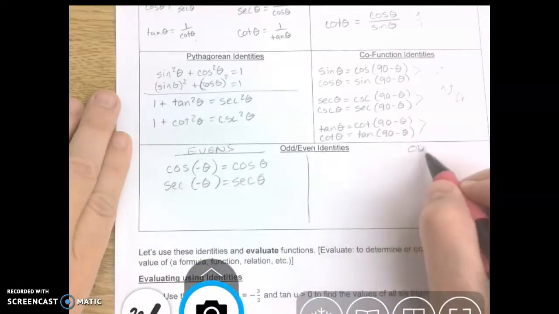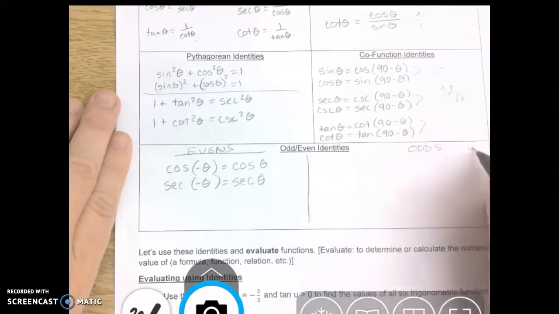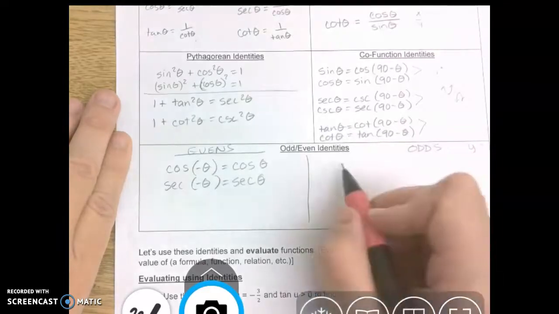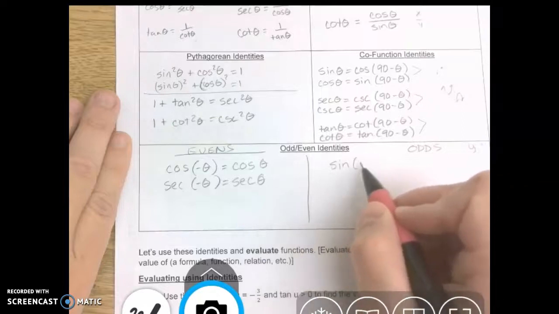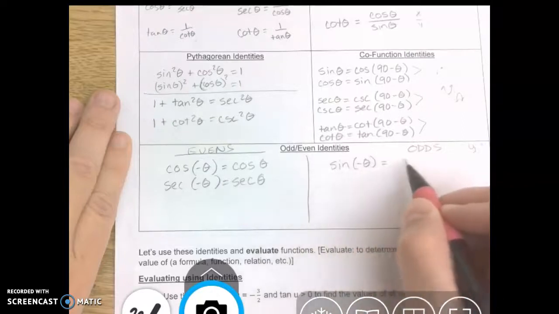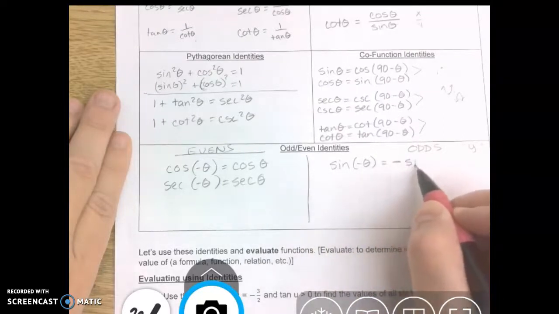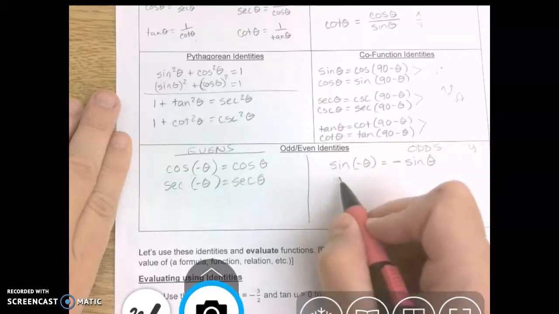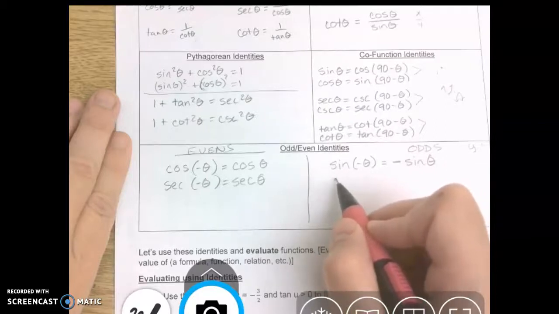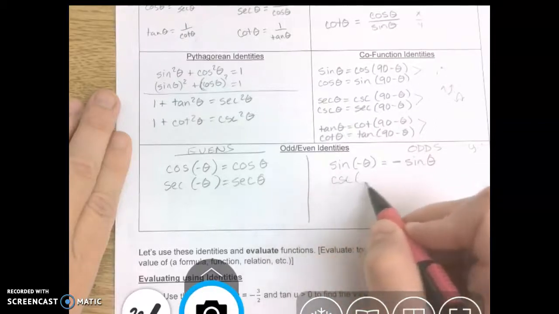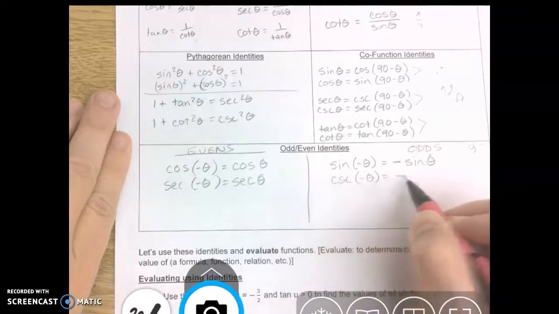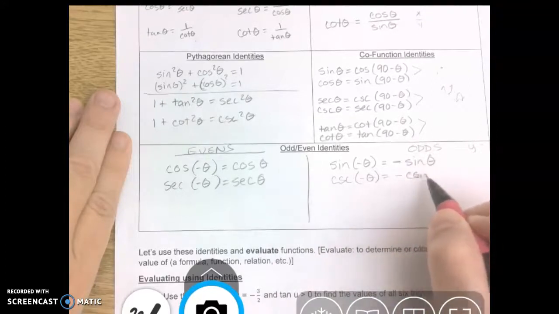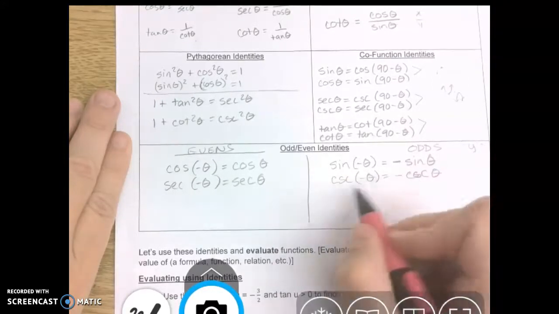My odds are anything that has to do with a y. So we've got sine of negative theta is going to be equal to a negative sine of positive theta. And likewise, the cosecant of negative theta is going to be equal to a negative cosecant of a positive theta.